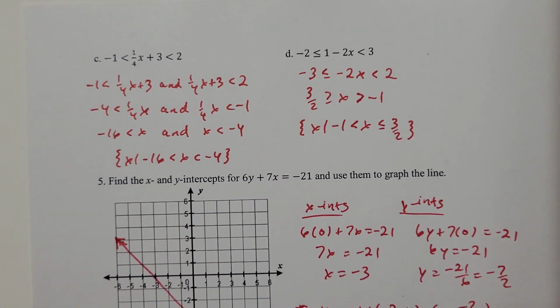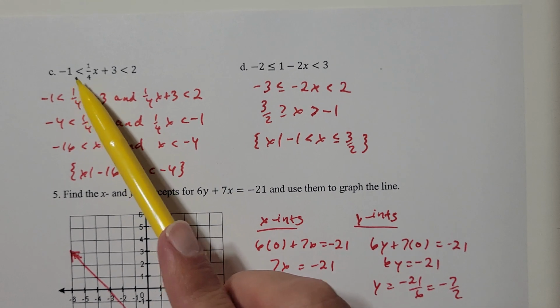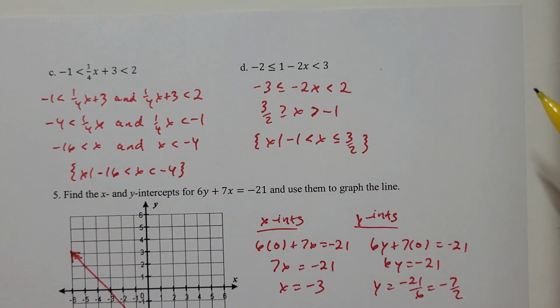Here's some more of these. Part C and part D, I'm solving what are called compound inequalities, or three-part inequalities, as we sometimes say. There's a left part, a middle part, and a right part.